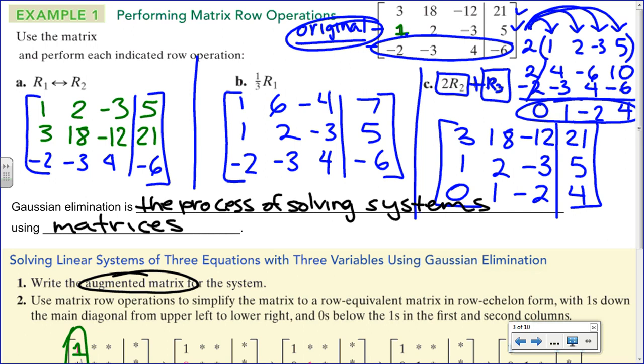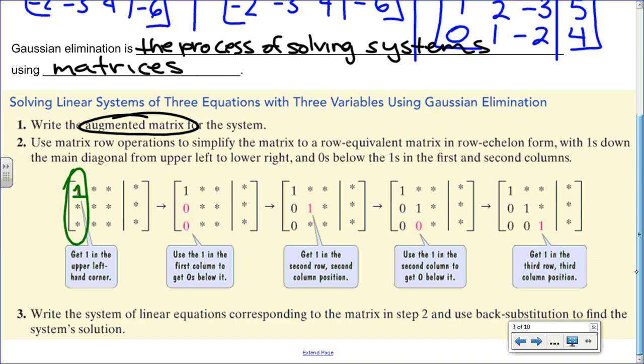So augmented matrix, remember we need the coefficients on the left, we need the constant terms on the right. And so what we do, we use the row operations that we practiced a little to simplify the matrix, and our goal is to achieve this at the end. Ones on the main diagonal, zeros below, like that.